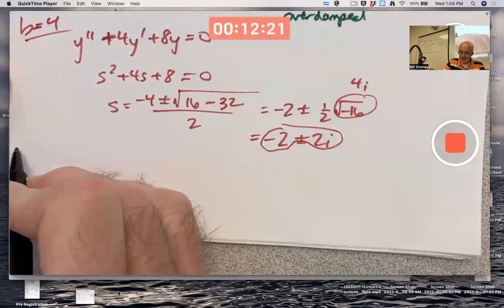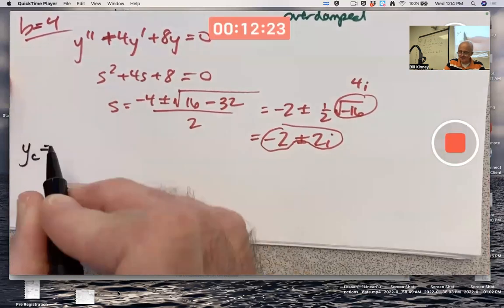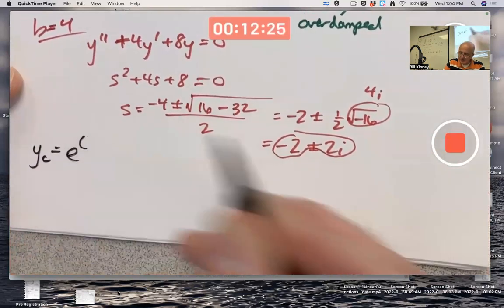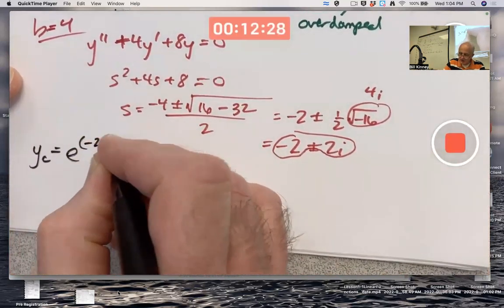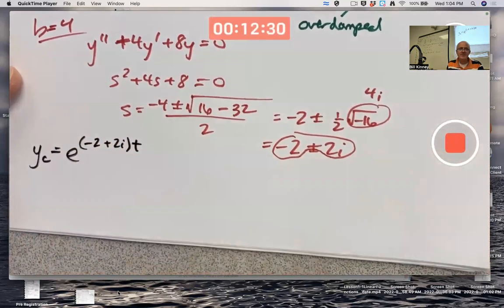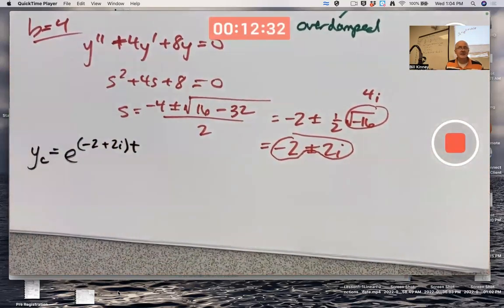A complex solution, I could call it yC, is e to the (-2 plus 2i) times t. That's not the solution we're after. We don't want a complex solution. It's just a tool to help us find the real solution.